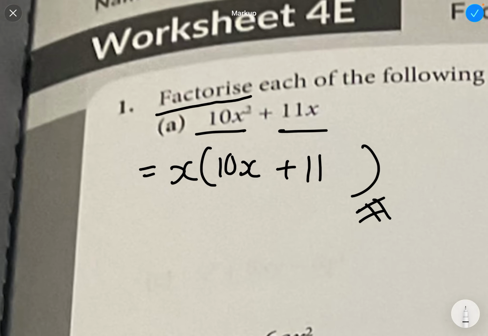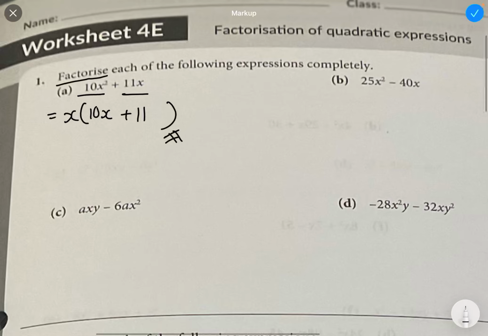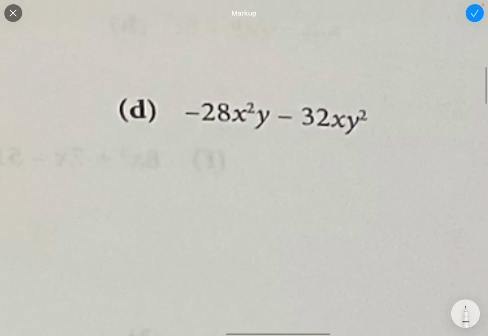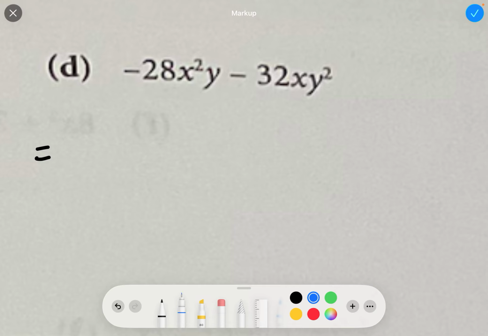Okay? So this first part, there is no difficulty actually. So try B, C, D. Okay, never mind, I do D. Same, there are 2 terms. Then I start to look for the common factor. Minus and minus means I can take out a minus. 28 and 32 both can be divided by 4.